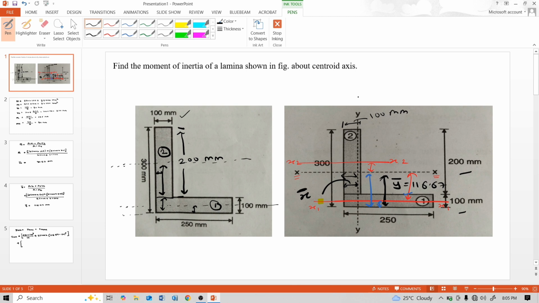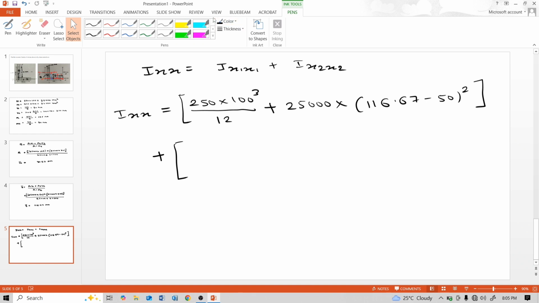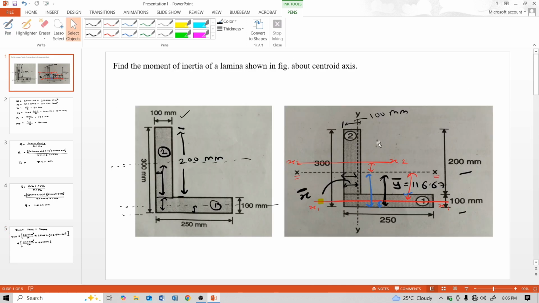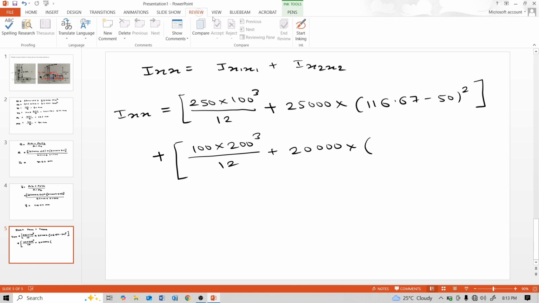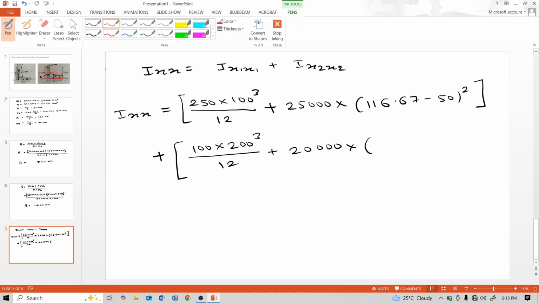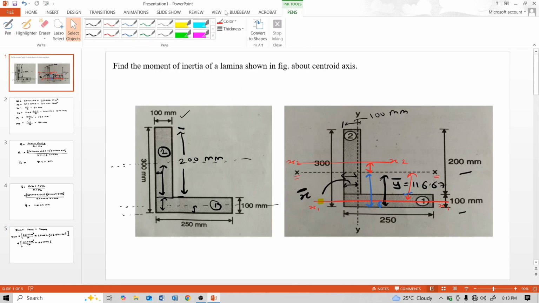The moment of inertia is 100 into 200 cubed by 12, plus A2, which is 20,000, multiplied by the square of this x2 distance.